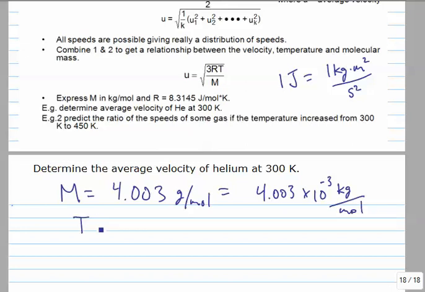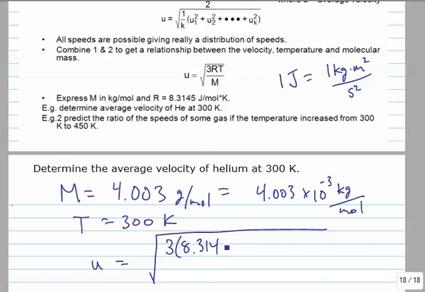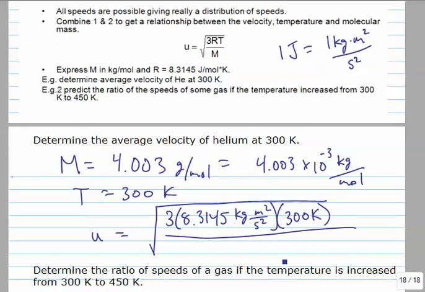Here our temperature is 300 Kelvin, and so now the root mean square velocity is simply the square root of 3 times our value of R, 8.3145 kilogram meters squared per second squared, times our Kelvin temperature, 300 Kelvin, divided by our molar mass in kilograms per mole.